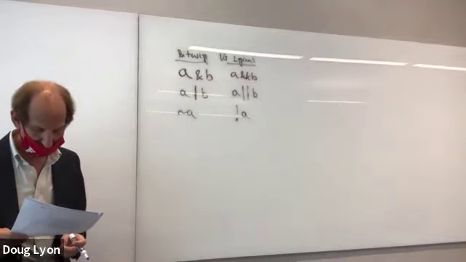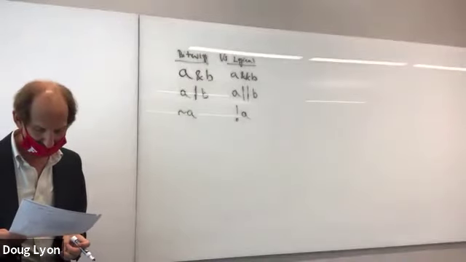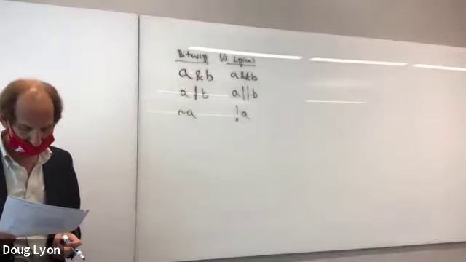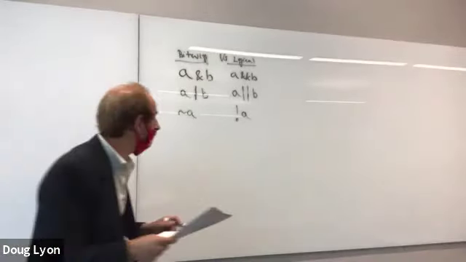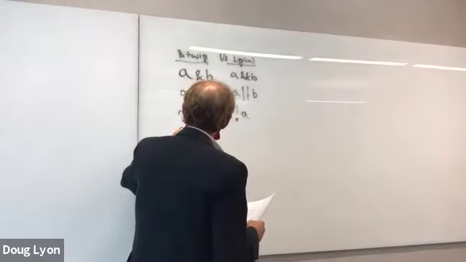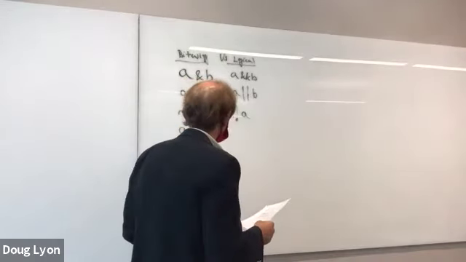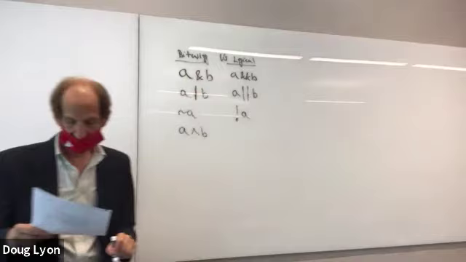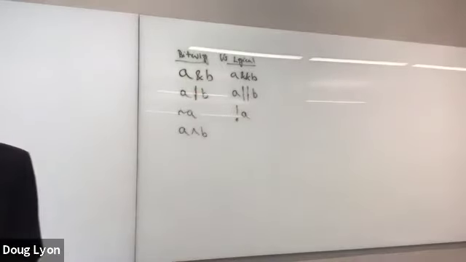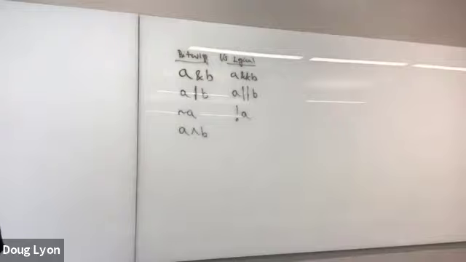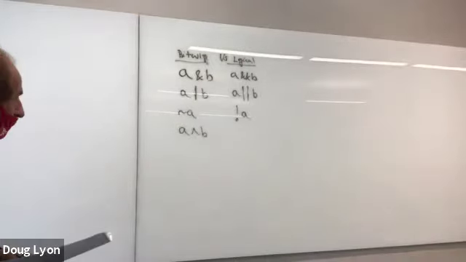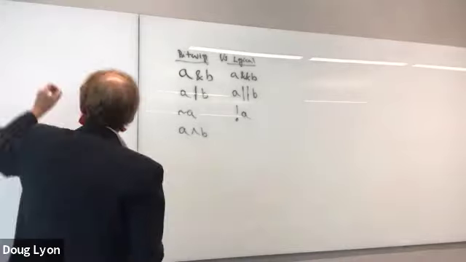Suppose you wanted to say A exclusive OR B. How would you do that in Boolean land? Let's see what A exclusive OR B does.